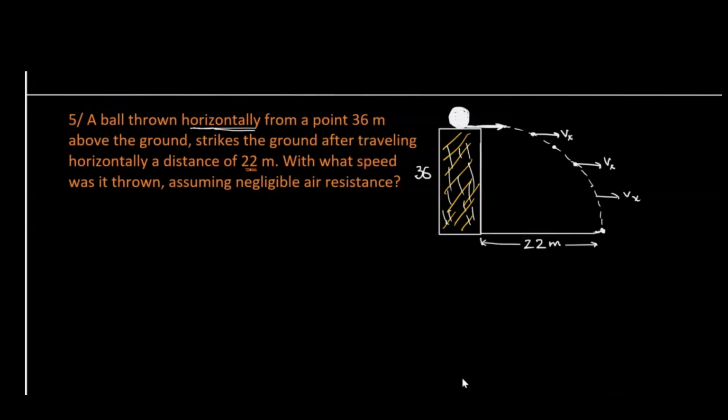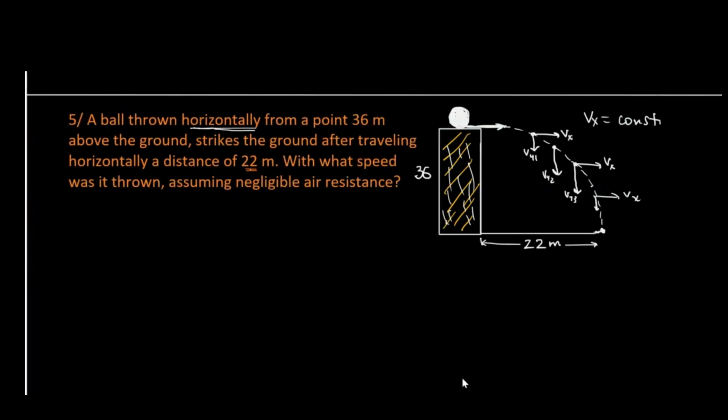But the vertical component is changing, increasing all the way until the last impact point. We can call this vy1, this vy2, this vy3. That's indicating that all these velocities are different, they are increasing, but the x components are the same. As you can see, vx, vx, vx, they are all the same. So I can say vx is equal to constant.